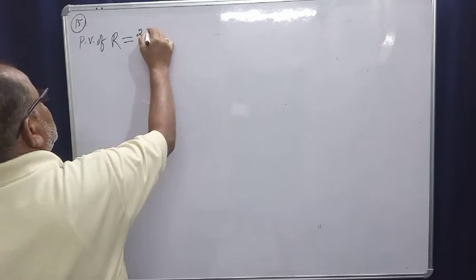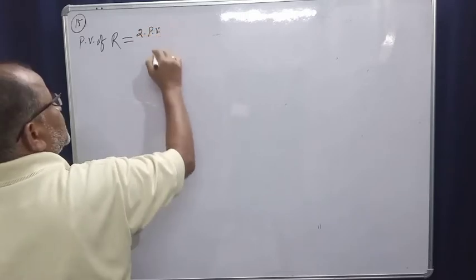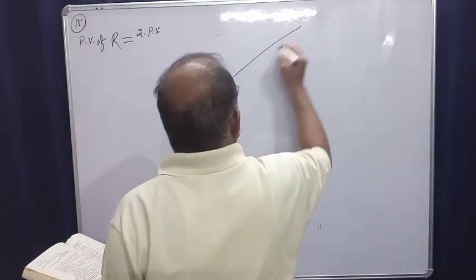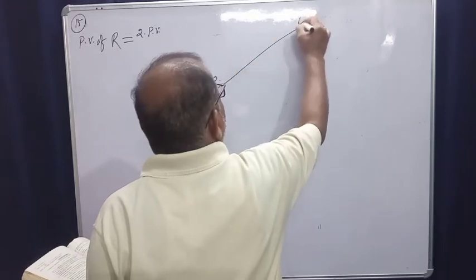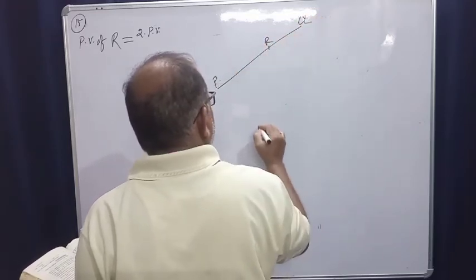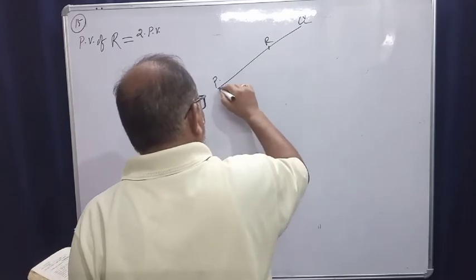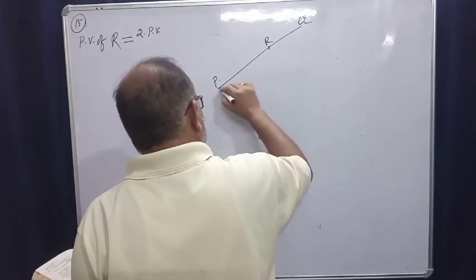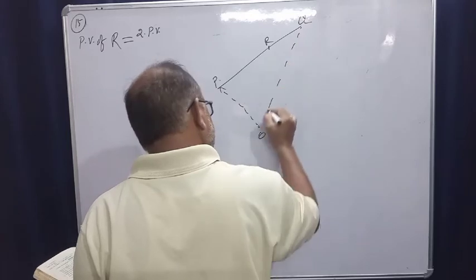Suppose you see this is the point P, this is the point Q, this is point R, this is O, and this is the position vector of this.